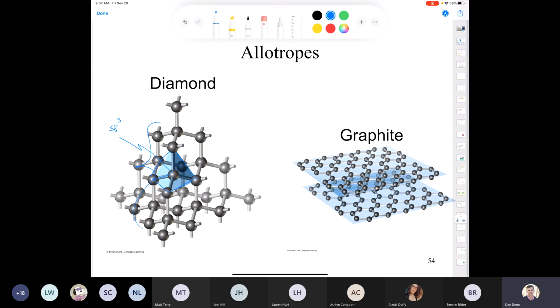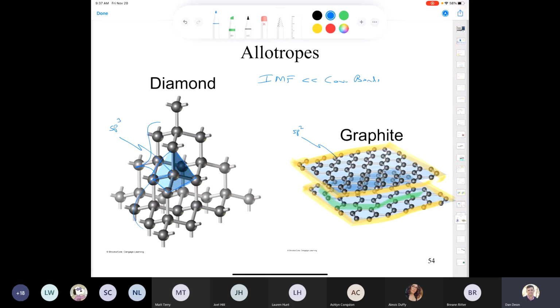Now, graphite, the hybridization of the carbons in graphite is sp2. They're all trigonal planar, but you see that graphite is made of a collection of sheets of carbon that are all in the trigonal planar molecular geometry. But what holds these sheets of graphite together is not covalent bonds, is it? What holds the sheets together is intermolecular forces, and we know that intermolecular forces are much weaker than covalent bonds.